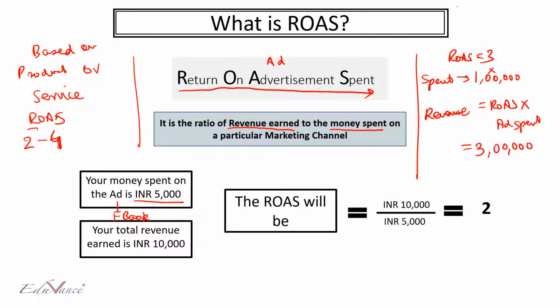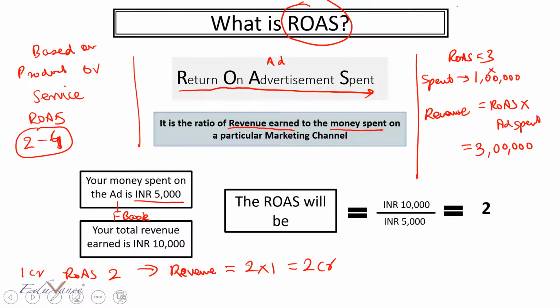So you can assume a value between 2 and 4. And now if you decide to spend, let's say, 1 crore rupees with a ROAS of 2, the total revenue that you will earn will be equal to 2 multiplied by 1 crore, which is 2 crore rupees.